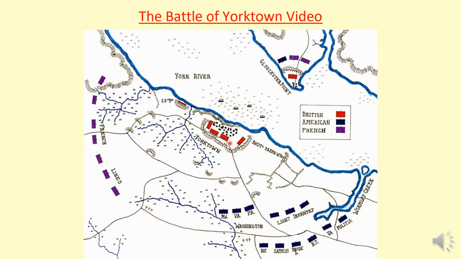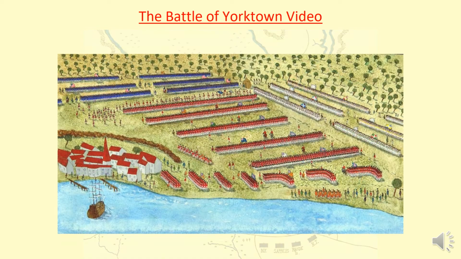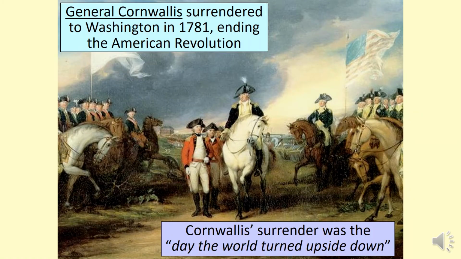All right, if you click on this, you can watch a little video on the Battle of Yorktown. So General Cornwallis is surrounded, and he's going to surrender to Washington in 1781, and that's going to be the official end of the American Revolution. So America had gained its independence, and they had fought their way into proving that not only was the Declaration of Independence a piece of paper with words on it, but it actually meant something.